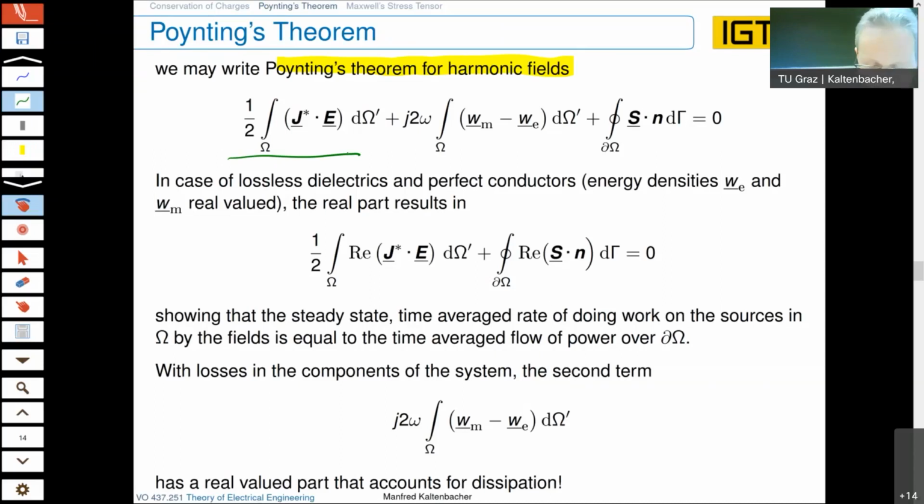Then we have here our energies according to the magnetic field, the inductive term, and due to the electric field, the capacitive term. And we have again, clearly, as we had in the time domain, this additional term here, and that gives us the flux, or better said intensity, given by the cross product between E and H, which is going out or in of the closed surface.